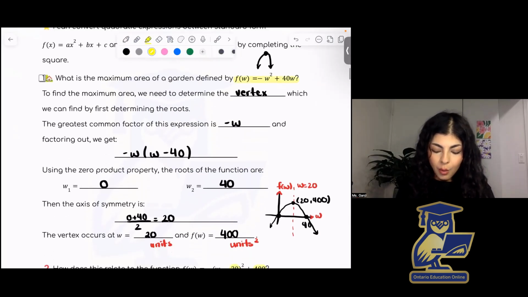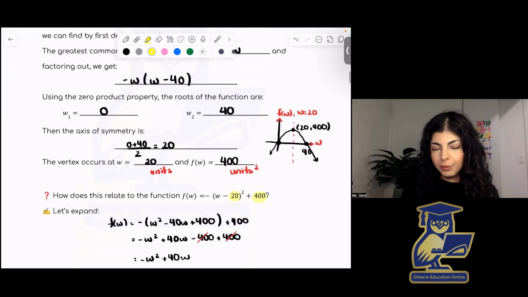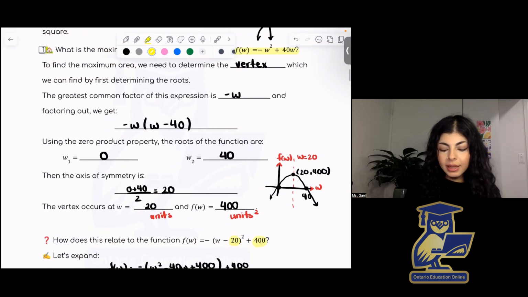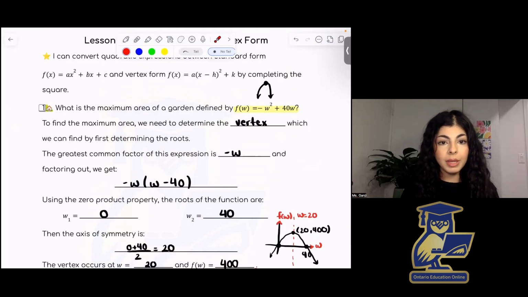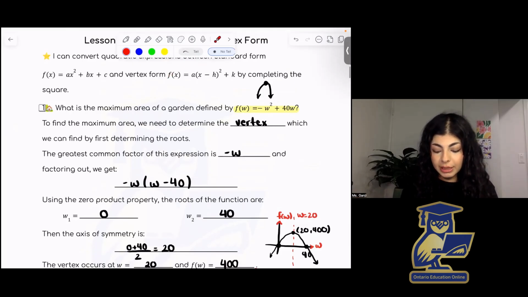So how is this representation relating to the other representation? This one now is going to be our vertex form. And if you remember what we saw at the beginning, the layout would have reminded you of this one, and it should have because it's the same.